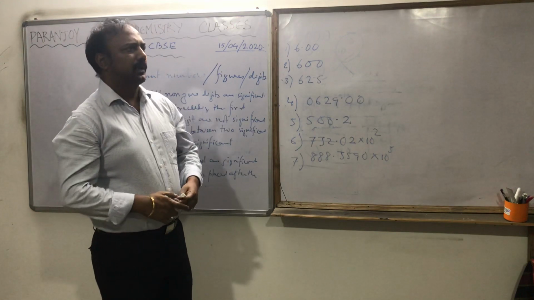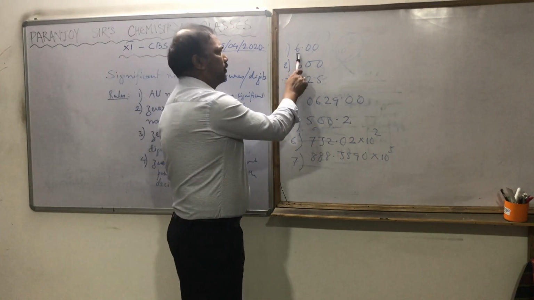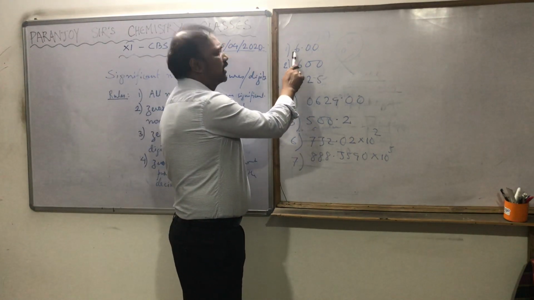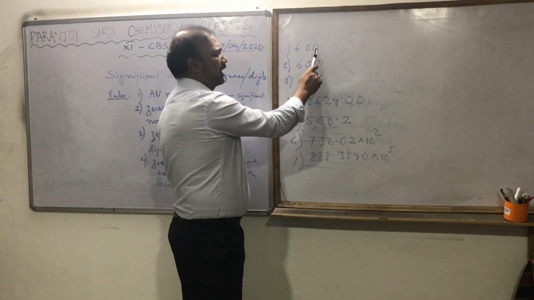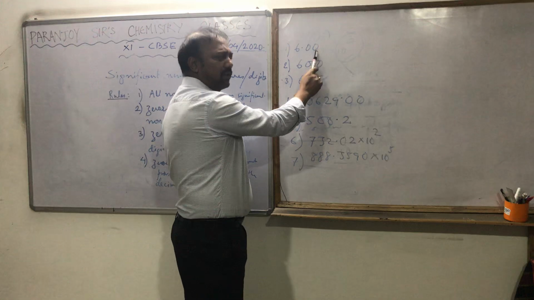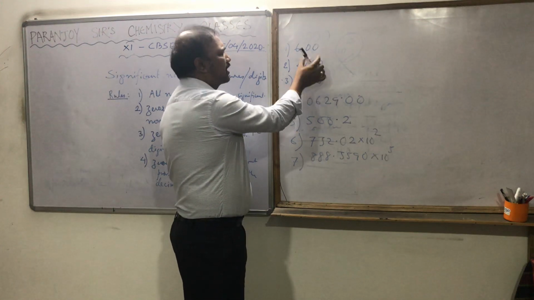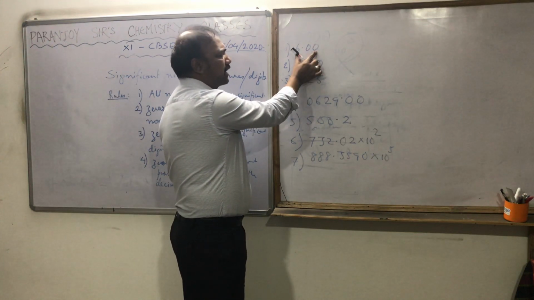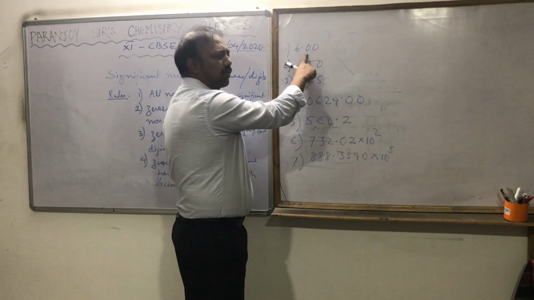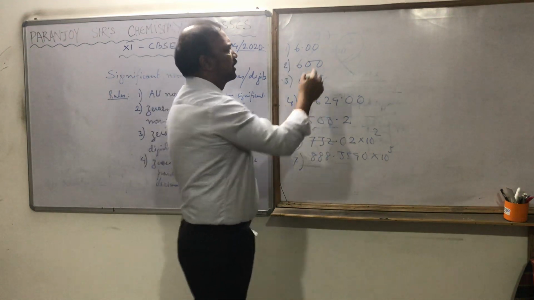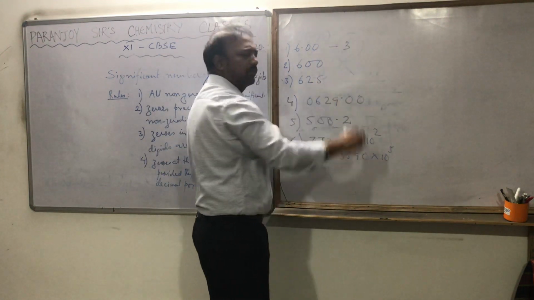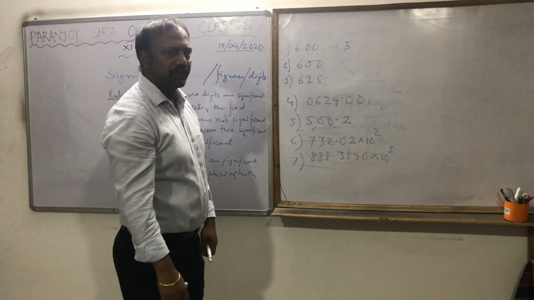You see, 6 is non-zero, so that is why it is significant. This 0 is significant. Why? Because it is placed at the end after the decimal point. And obviously, since these two figures are significant, the middle one is also significant because it is placed in between the two significant numbers. So how many significant figures are there? This is 3, right? 3 significant figures are there.